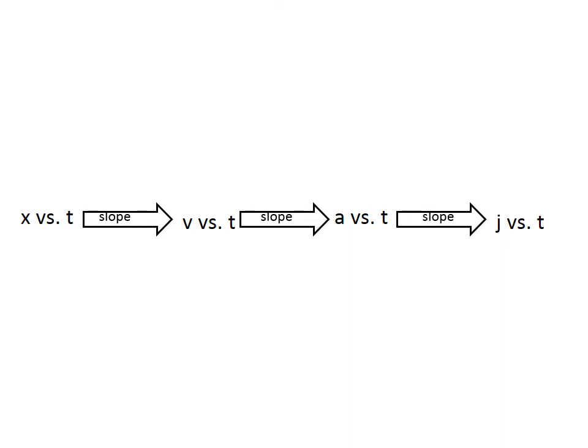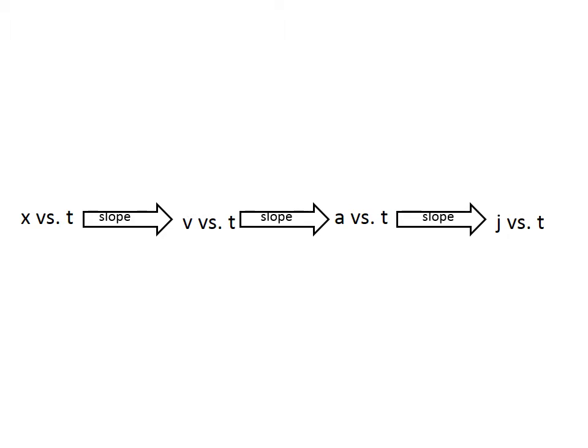So in order to find velocity on a position time graph, you find slope. To find acceleration on a velocity time graph, you take the slope. To find jerk on an acceleration time graph, you find slope. Now that takes care of just the one jump: from position to velocity, velocity to acceleration, and acceleration to jerk.